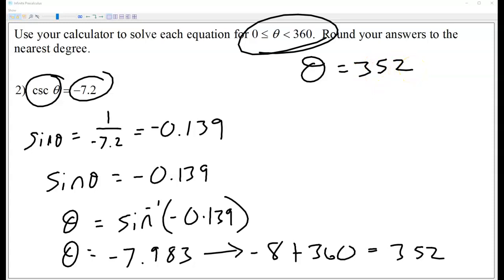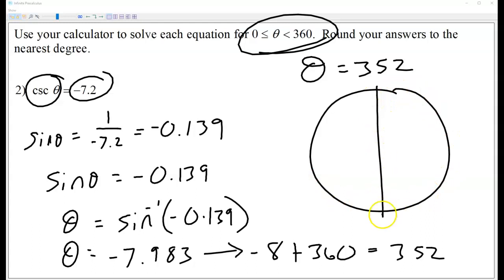Now we go ahead and use symmetry to find the other one. We already know that 352 is going to be right about there. It's a pretty similar spot as the last one that we had. We know that this orange angle here is 352 degrees, and this little piece right here would have to be 8 to complete the 360.